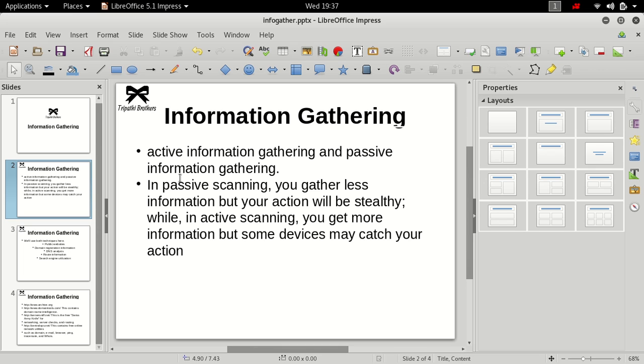We cannot say which technique is better, because before hacking any target, both active and passive information gathering are used. Every hacker, whether black hat, white hat or gray hat, uses both techniques.